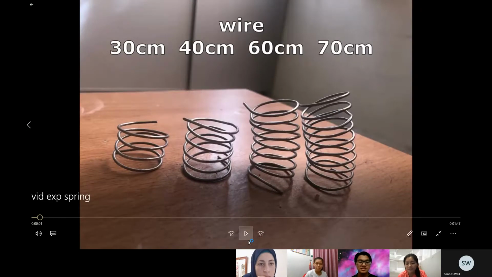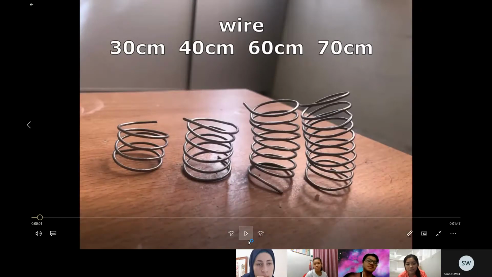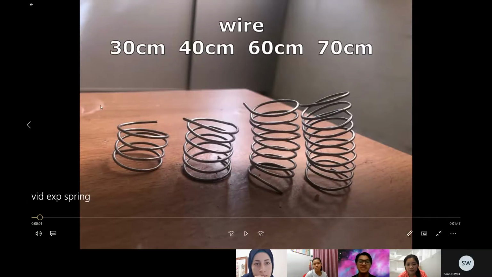Okay. Yes. So this is the four wires I use: 50 cm, 40 cm, 60 cm, 70 cm.